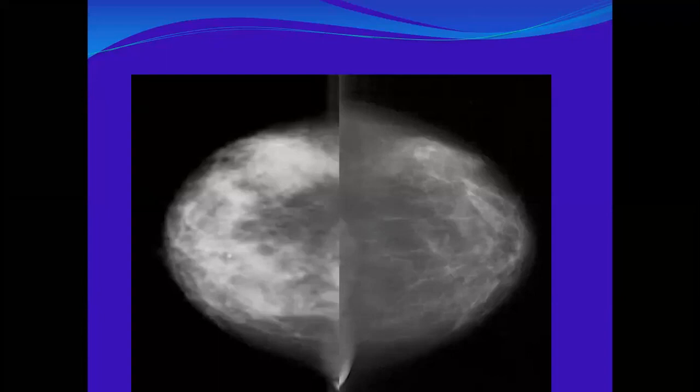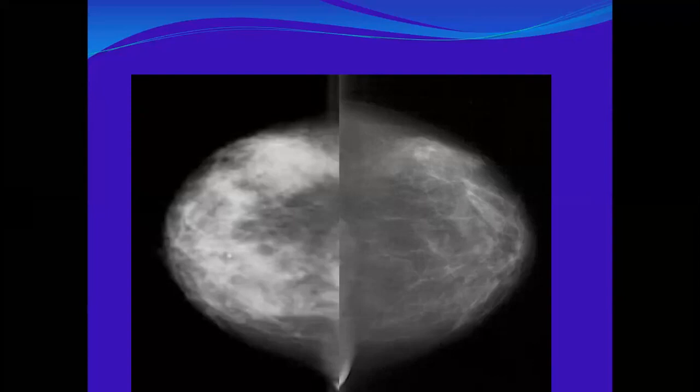Regardless of inclusion of breast tissue, do you remember the 8 criteria of mammographic quality?